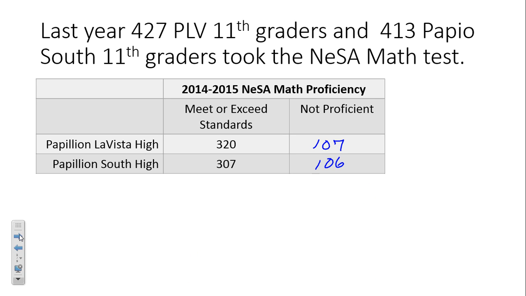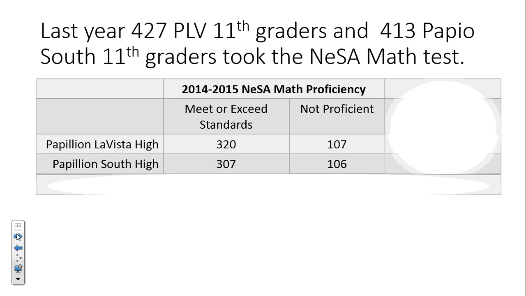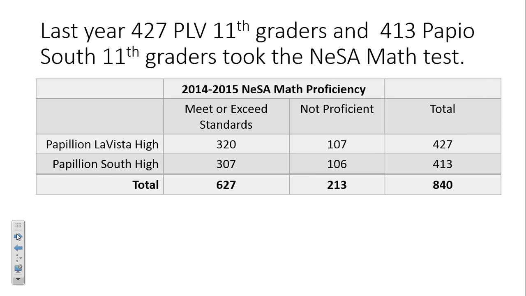So the next piece of this puzzle then is something called, and I put those numbers in there, the joint relative frequencies. So I want you to find those totals over in the right-hand column. Okay?